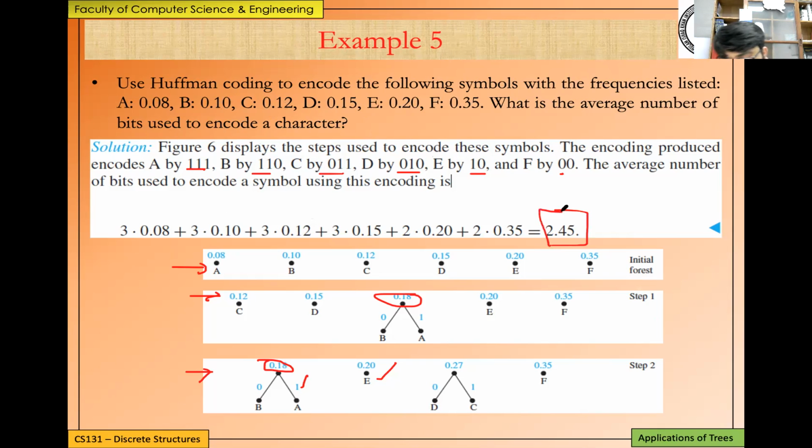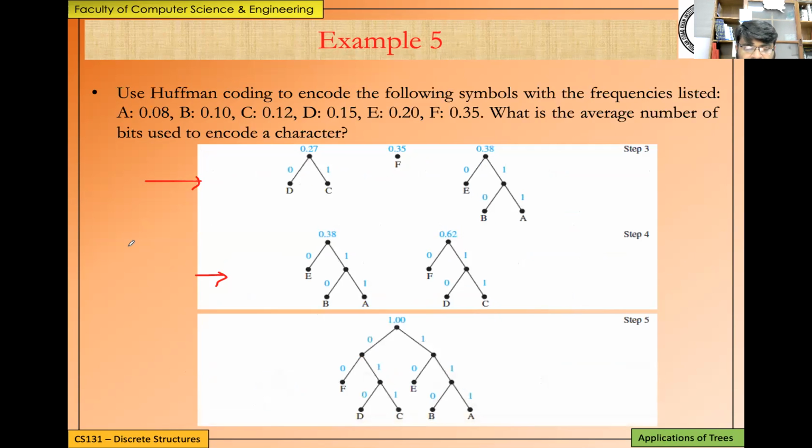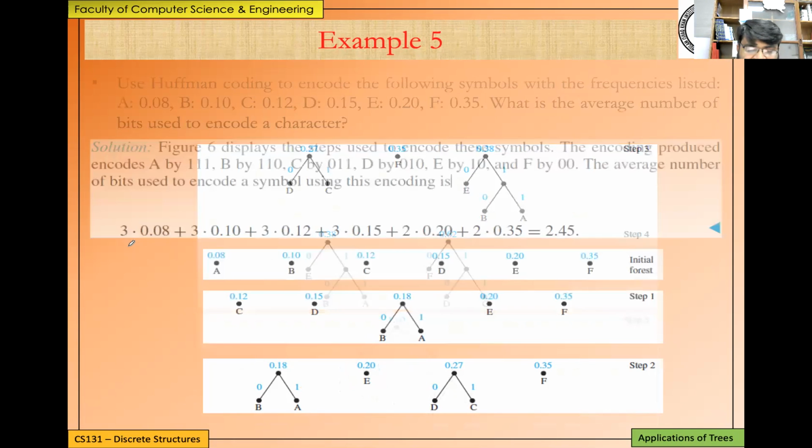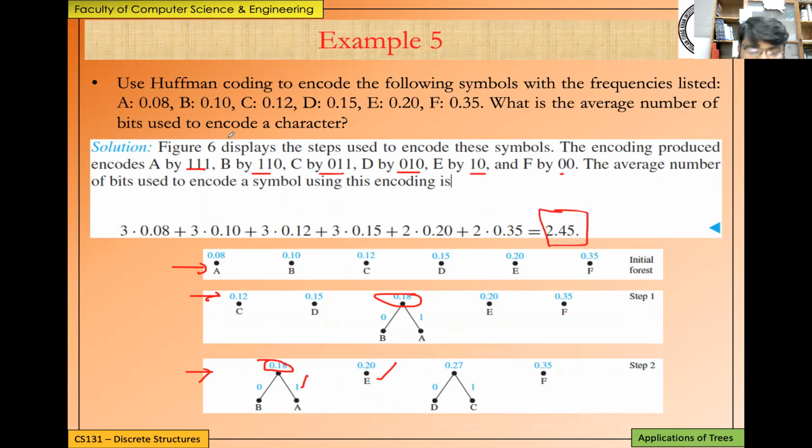And we know that for the given frequencies listed, this is the minimum number of average bits that are going to be used, and we cannot go beyond that using any other algorithm. This kind of guarantees that, and that is a very important factor of Huffman encoding. Notice that the question asked here is the average number of bits used to encode a character.